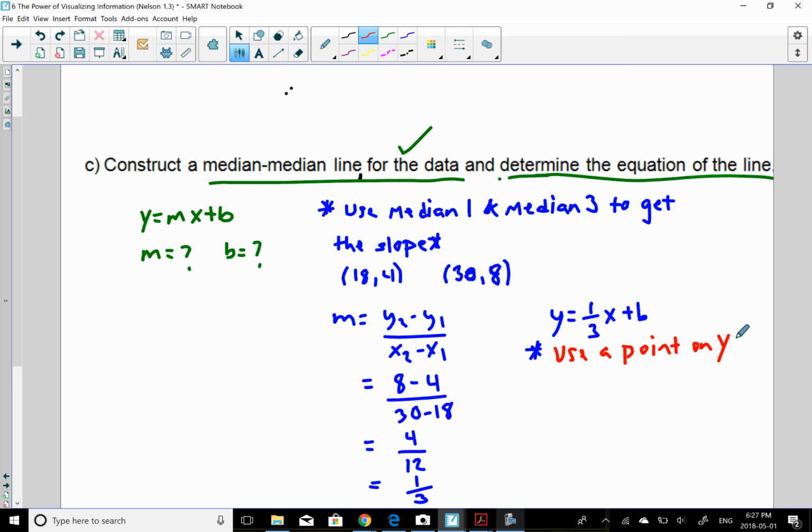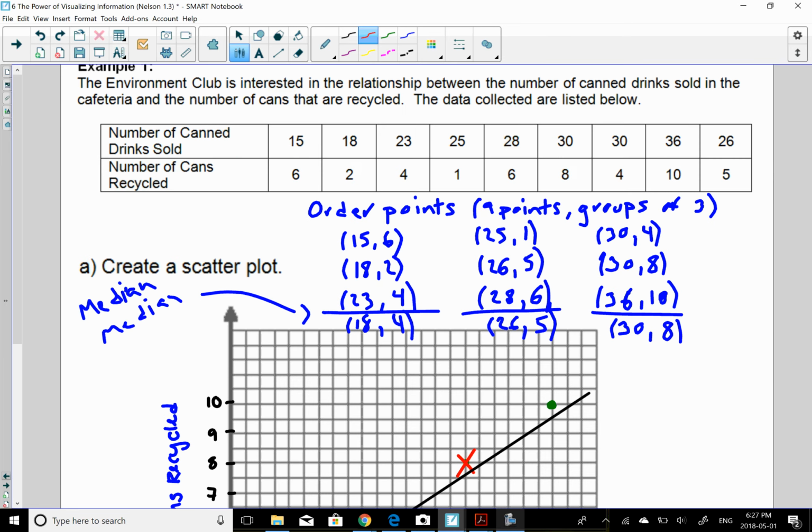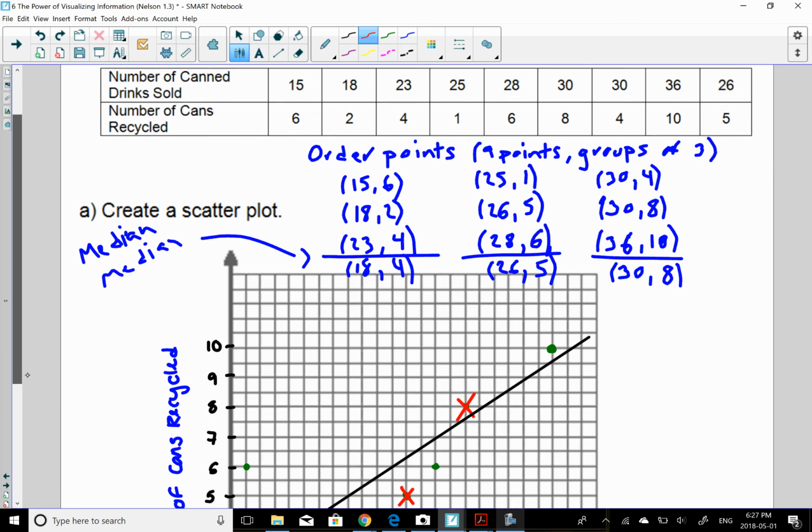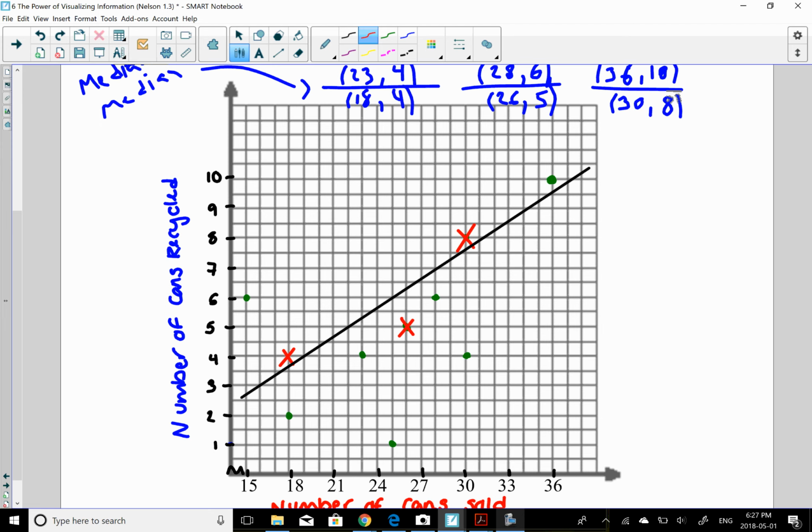So on your line, I'm going to go to my line, and I'm going to use this one, which is 28 and 7. You can choose anyone that's clear.